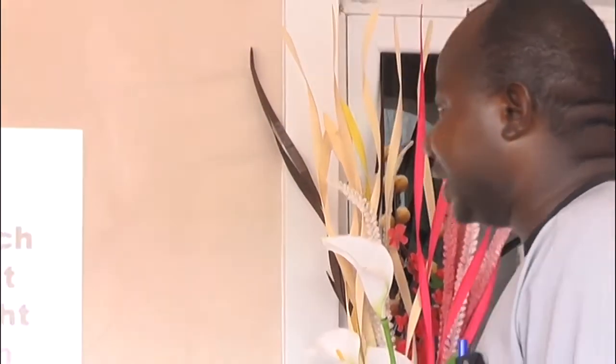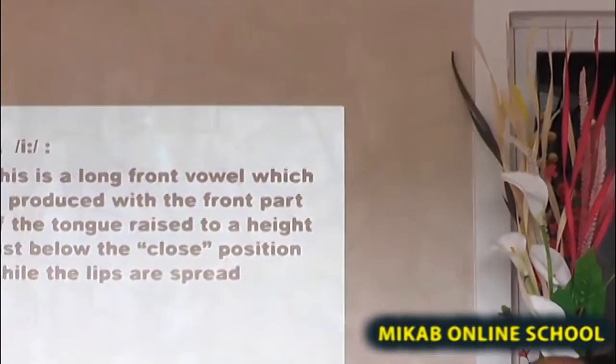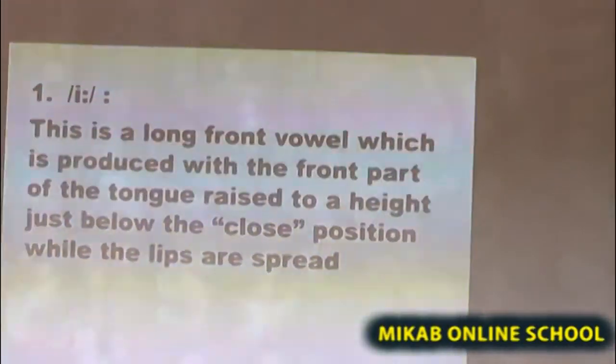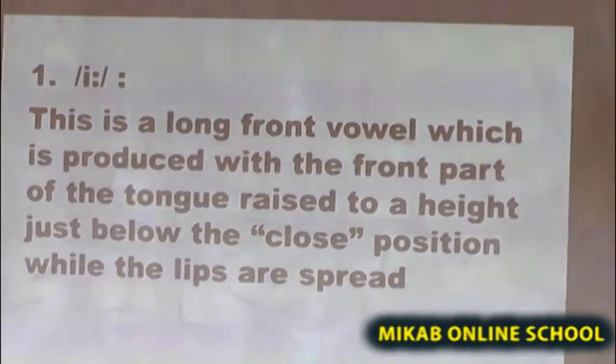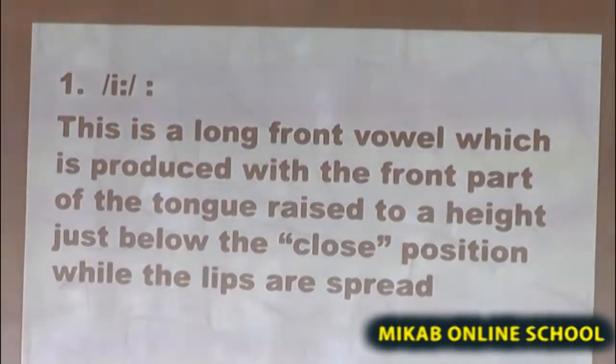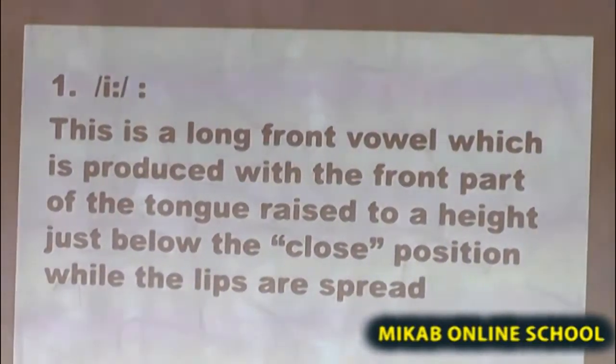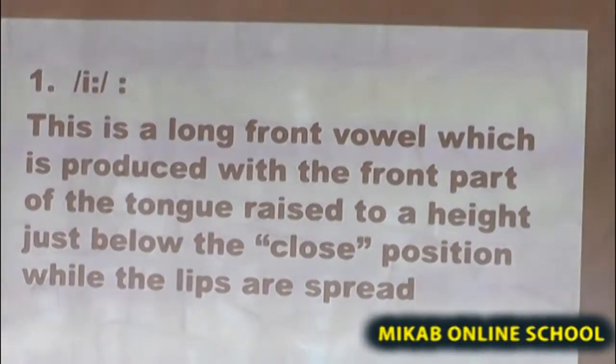This one is ee. When you look at it, you see that it's a front vowel sound, which is produced with the front part of the tongue raised to a height just below the closed position, while the lips are spread.